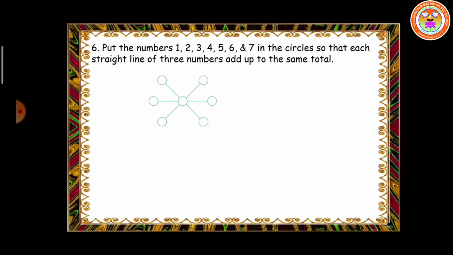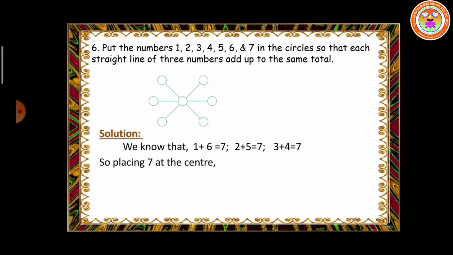Next sum, sixth one. Put the numbers 1, 2, 3, 4, 5, 6 and 7 in the circle, so that each straight line of 3 numbers adds up to the same total. They have given a circle diagram. Solution. We know that 1 plus 6 is equal to 7. 2 plus 5 is equal to 7. 3 plus 4 is equal to 7.